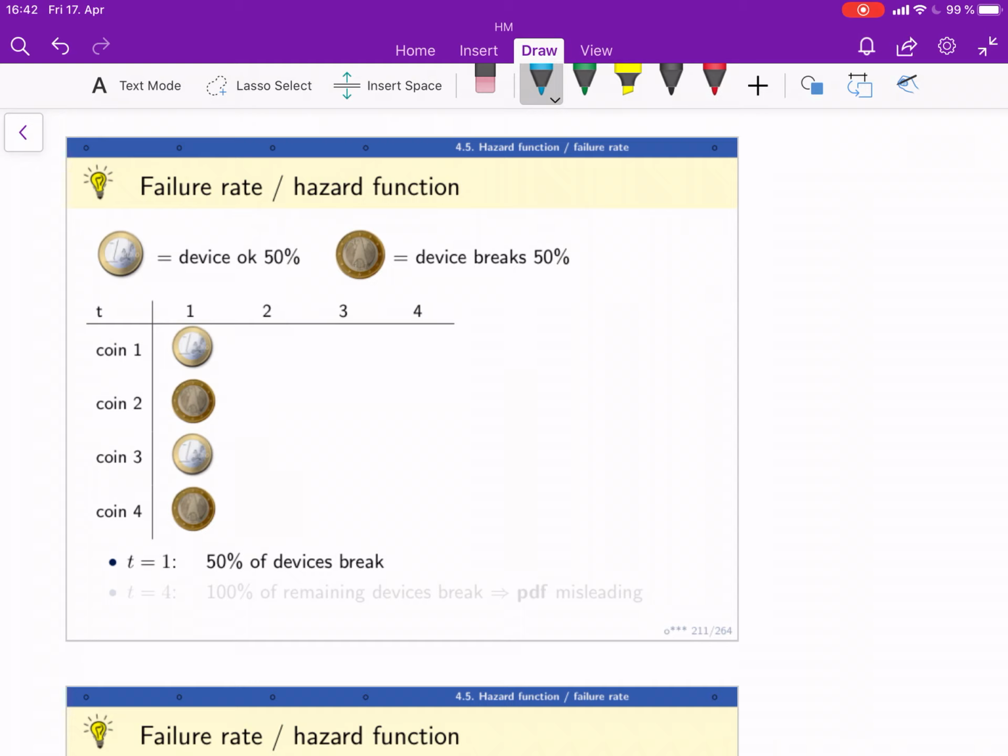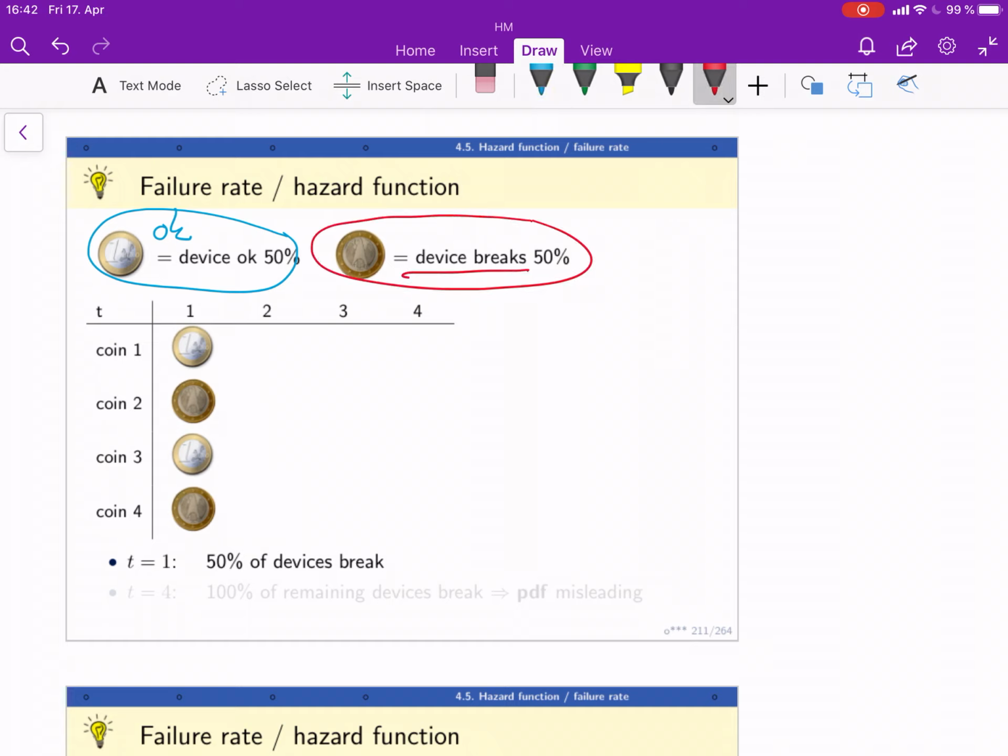So let's think of devices that at each step in time have a 50% failure rate. That's the same as a coin flip. If you see heads, everything is okay. If you see tails, then it breaks.